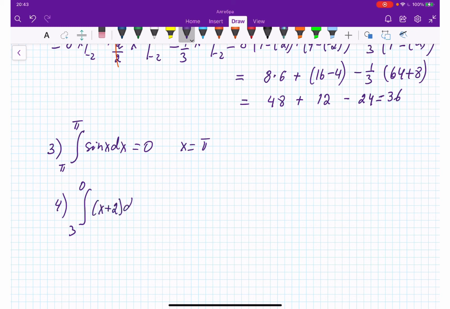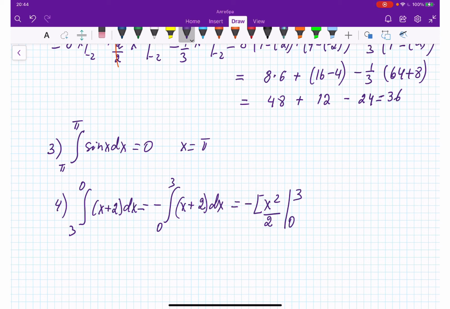The integral of x plus 2 dx is going to be equal to negative integral from 0 to 3 of x plus 2 dx, and if we solve it, it's going to be negative x squared over 2, from 0 to 3, right?